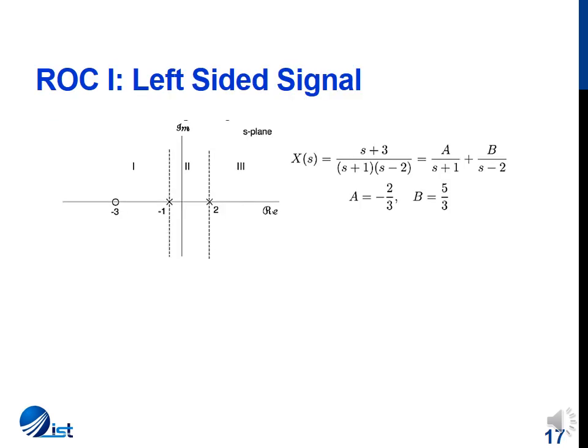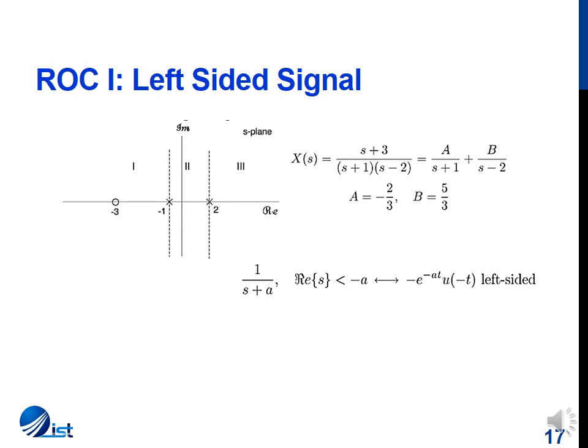So for the first case, when we say that both of these fractions belong to left-sided signals, we will use the formula that when a signal is a left-sided signal, the transform has ratios of the form 1 by s plus a.